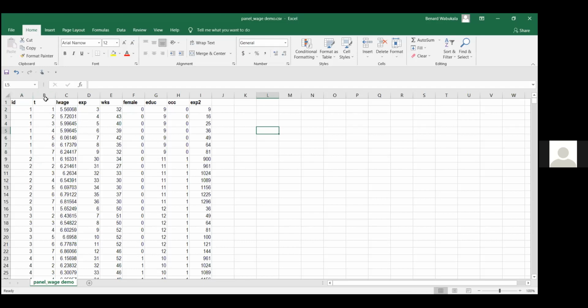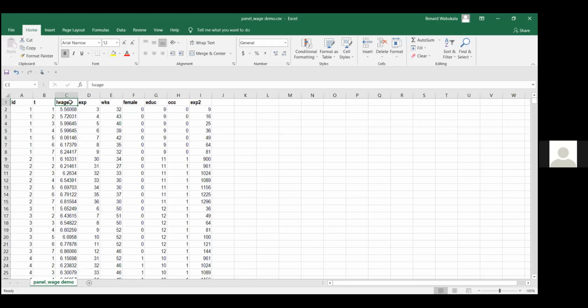The second column is the time dimension. For their data set, it was a week, because we are looking at how workers' wages or earnings were per week for the weeks which they worked. And the LWAGE is the log of wage.